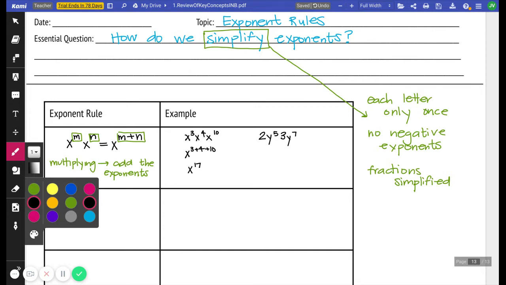The 2 and the 3 multiply, and then I have y to the 5th and y to the 7th, and I get 6y to the 12th. If you're ever not sure, a great strategy is to just start writing them out. I've got 3 x's here, I've got 4 x's here, and I've got 10 x's over there. And then at that point, I can just count them all up, right? So when in doubt, write it out.